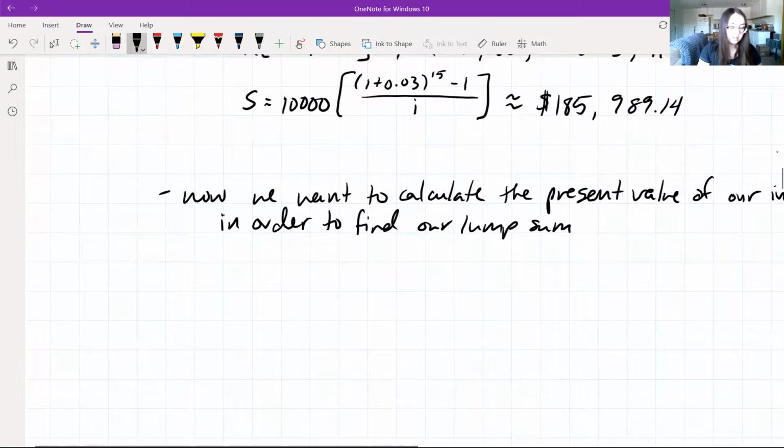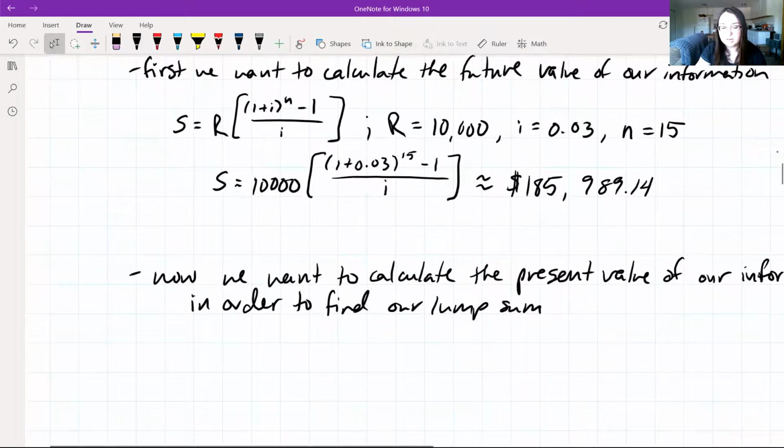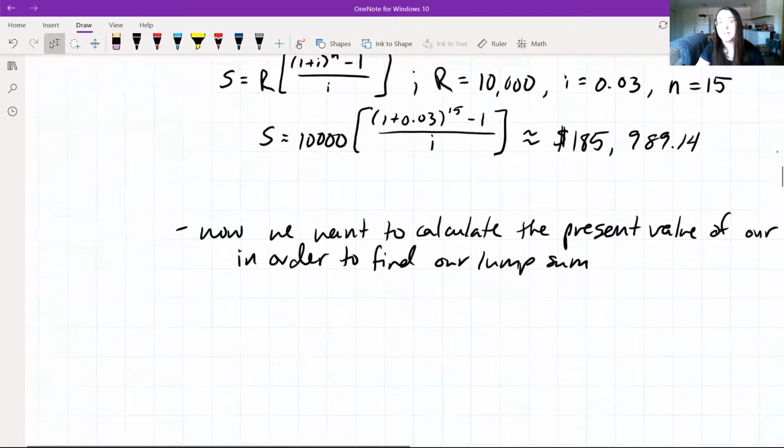All right, so we're going to use all the same values here. We know our equation, so let's plug everything in.